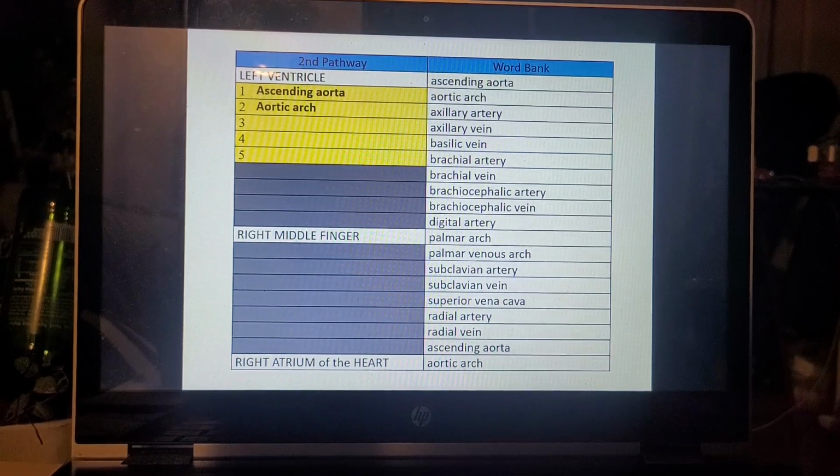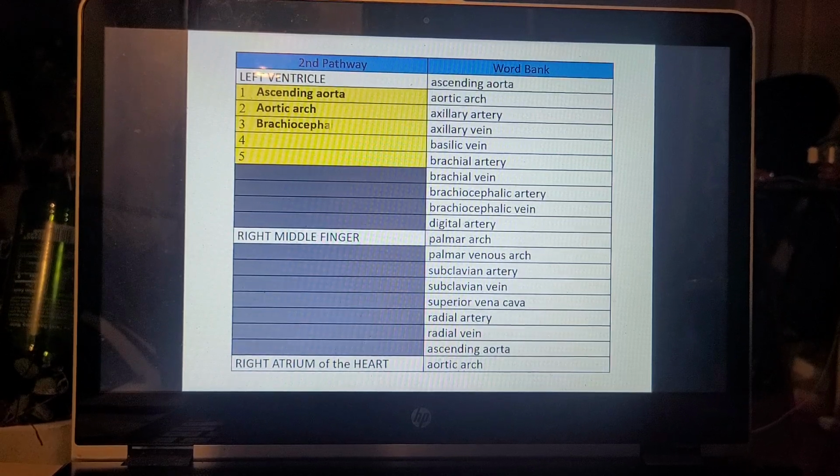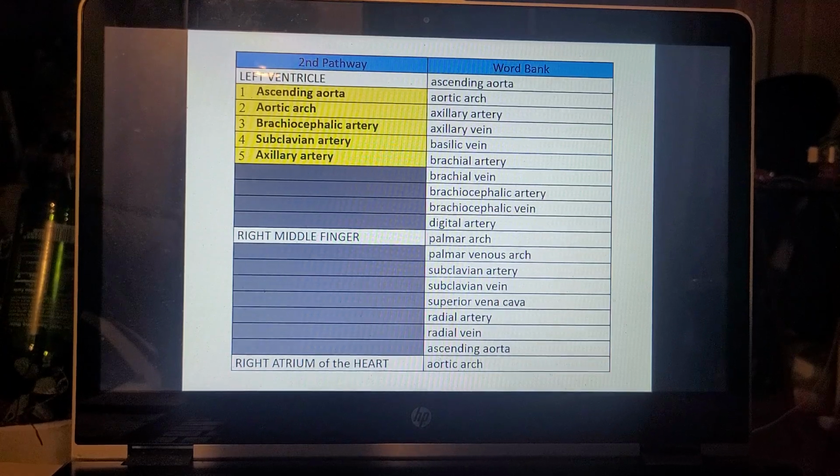Aortic arch. Brachiocephalic artery. Subclavian artery. Axillary artery. Next section.